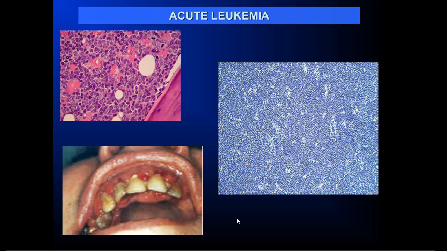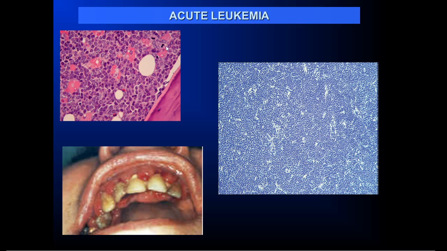So, acute leukemia. Here you see this plus tissue, pinkish color on the gingivas. This is actually leukemic infiltrates. Moreover, these leukemic infiltrates can undergo necrosis, and so we have infection, and also we could have sepsis as a result of this infection.